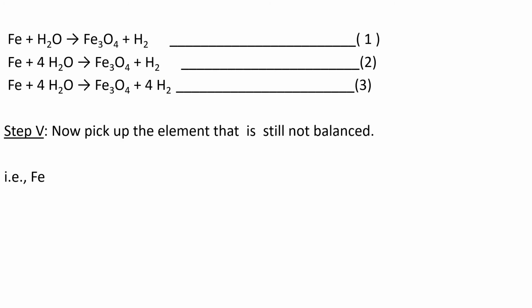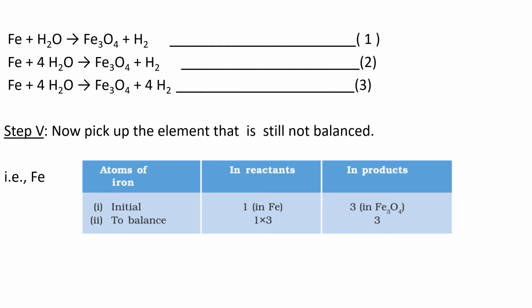So in step 5, we'll pick up the element that is still not balanced. So in our case, it is iron. Now atoms of iron, initially, here you have in the reactants 1, but in the product we have 3.